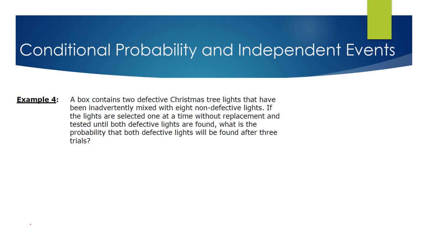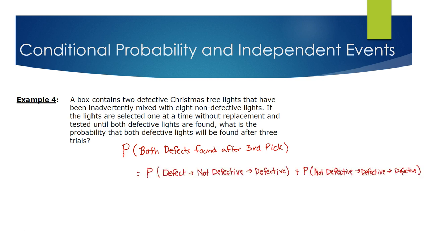So I have to look for 2 very specific instances where I have 2 defects and 1 non-defect out of 3. So when I look for the probability that both defects are found after the 3rd pick, which is what I'm looking for here, I have to assume that I'm looking for the probability of me picking a defect on the first time I pick, a not defective light, and then a defective light to get my 3rd one.